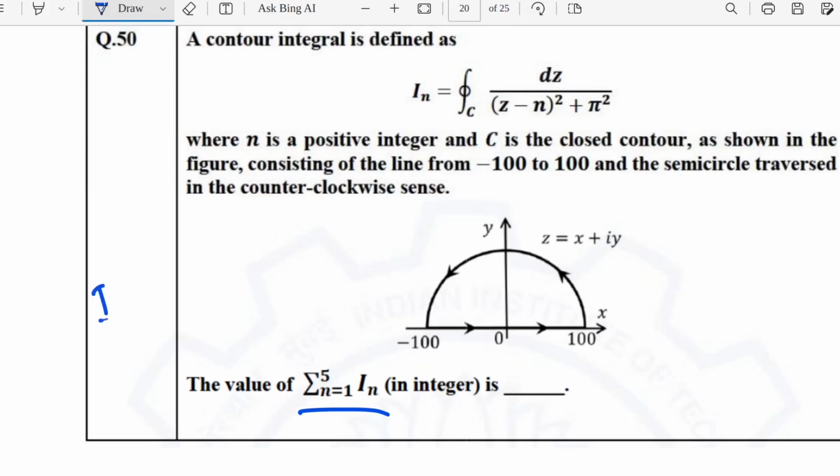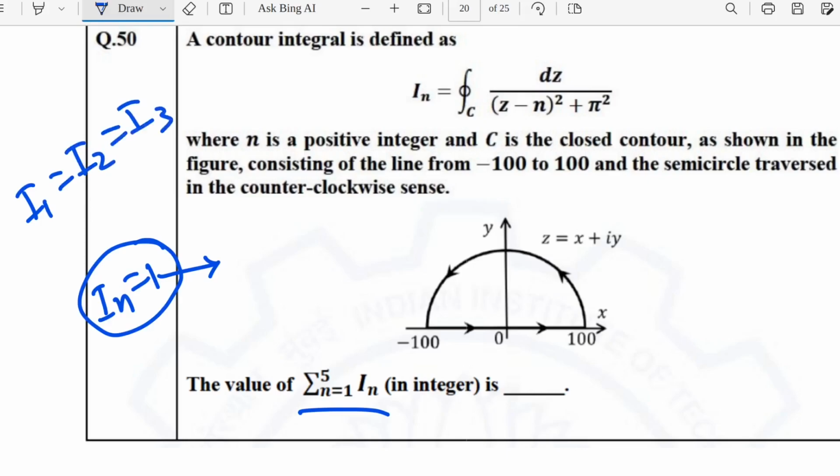And as I am getting In as 1, which is not a dependent function on n. You can see on the right hand side there is a constant value, it is not dependent on n. So whatever the n value will be, it will give the same answer. So In equals 1 means I1, I2, I3, I4, I5 all will have value 1.